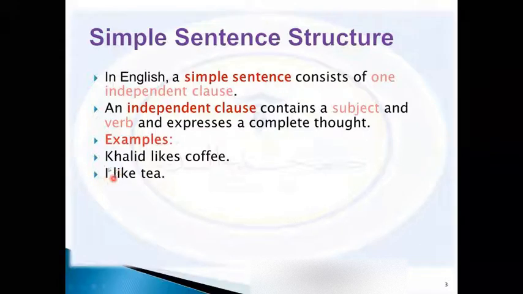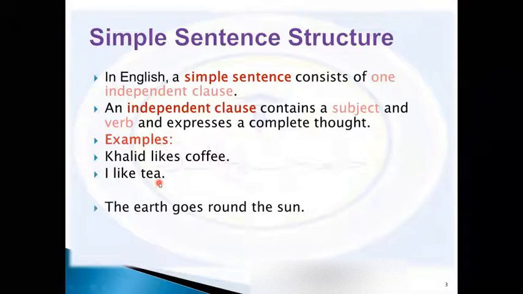I is the subject and like is the verb and tea is an object. When we say, "The earth goes around the sun," the earth is the subject and goes around is the verb and the sun is an object.